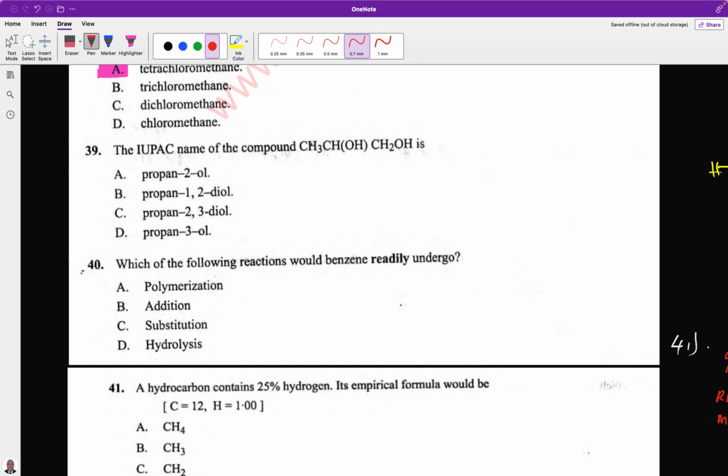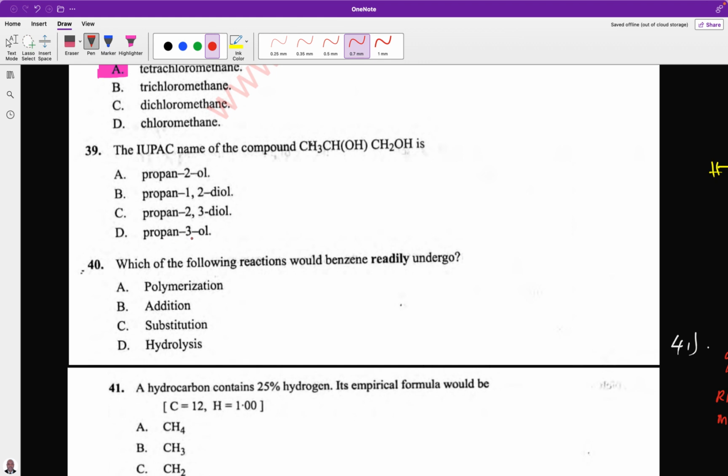So if it is propan 1,2-diol, let's look at our answers here. Is it propan 2-ol? No. There are two OH groups, so it cannot be like that. Is it B, propan 1,2-diol? Is it propan 2,3-diol?